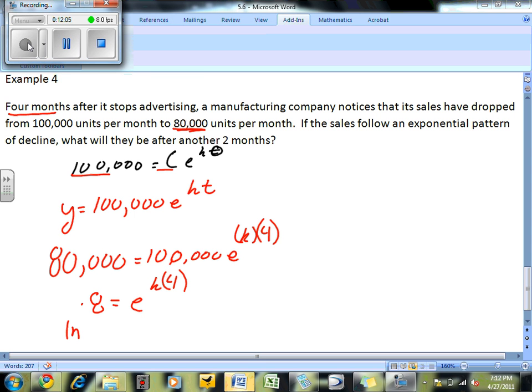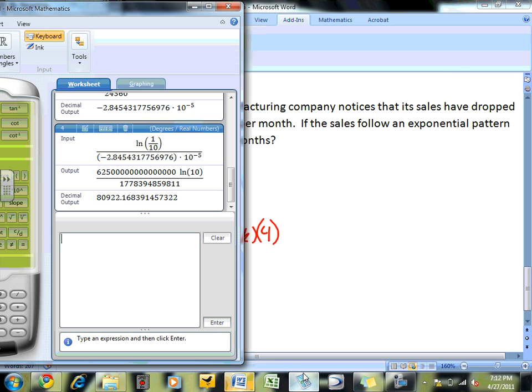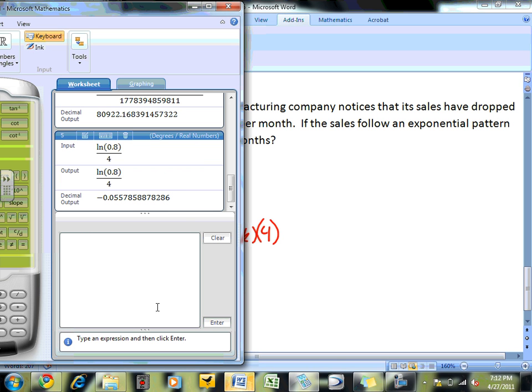Natural log of 0.8 equals 4 times k. So the natural log of 0.8 divided by 4. Let's do that real quick here. The natural log of 0.8 divided by 4, and we get a negative number.